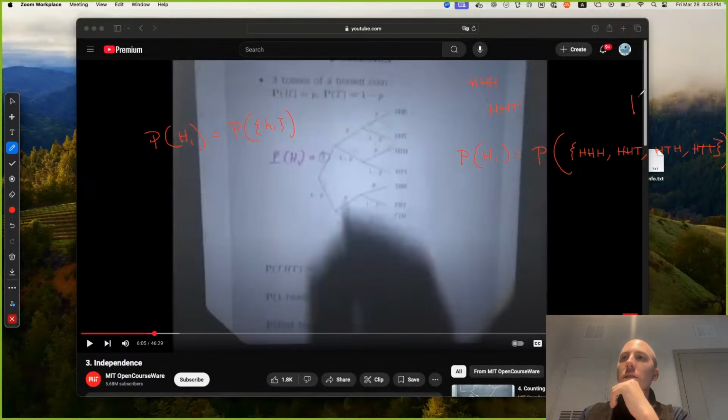This is H1. It's this set here. You always have to start with your experiment and define your sample space. Then when you see an event, you say, okay, that's a set of outcomes. All right, what set of outcomes is that?